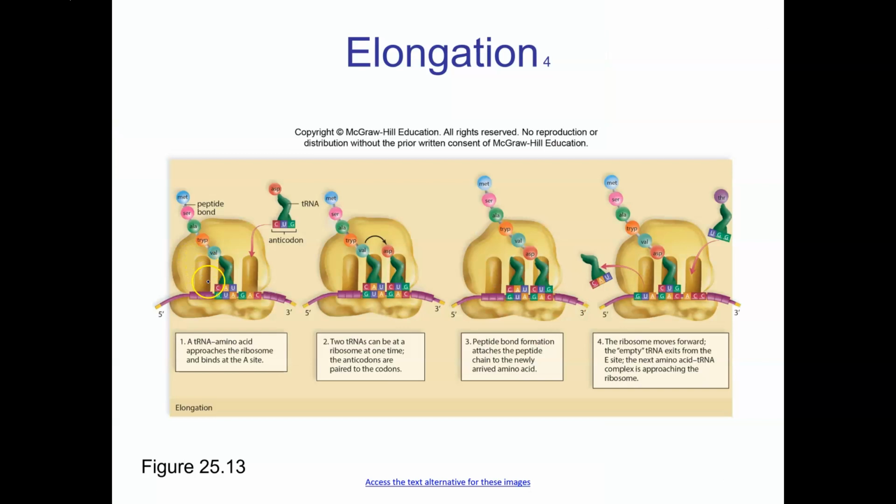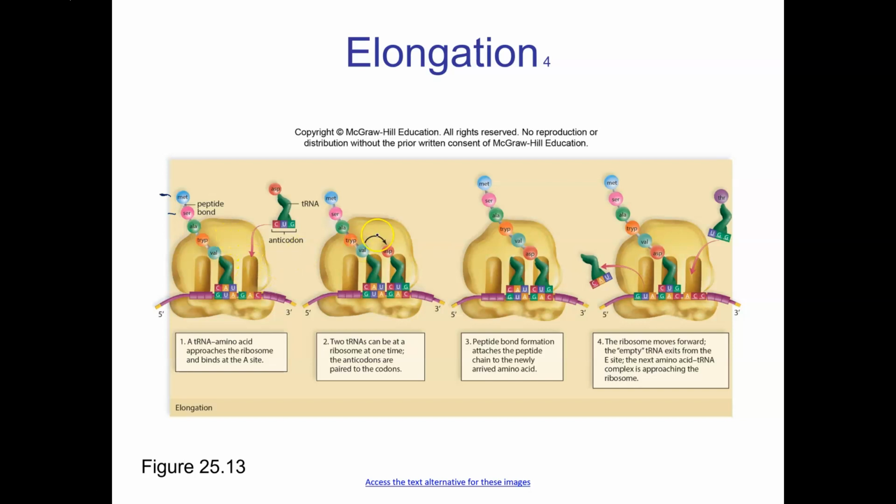So we had initially this site had the methionine, and then another amino acid comes in here. It was carrying serine. What happens then, the amino acid is going to form a bond with the amino acid here.